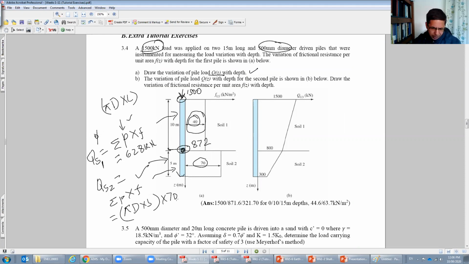So pi d is what? Pi times d is 0.5 times 5, right? Length of that layer. That is 1 times 70. So second layer will take about 550. I'm just writing approximately, all right? Okay, 550 from the second.